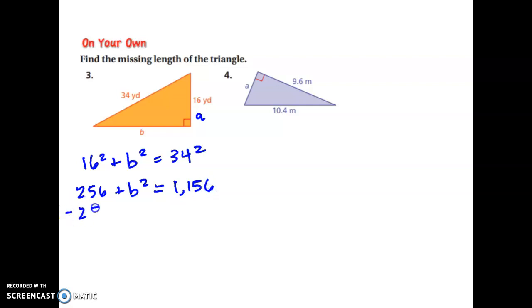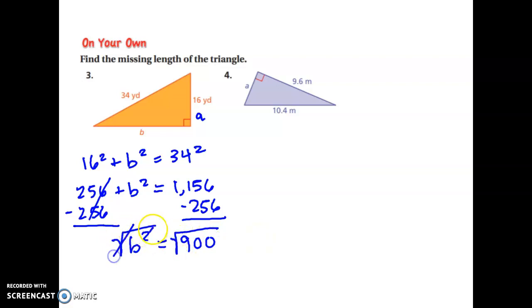We're going to subtract 256 on both sides to isolate our B variable. We get B squared equals, subtract 256 to get 900. And then you're going to square root both sides of your equation to isolate your B. And when you square root 900, you're going to get 30 yards.